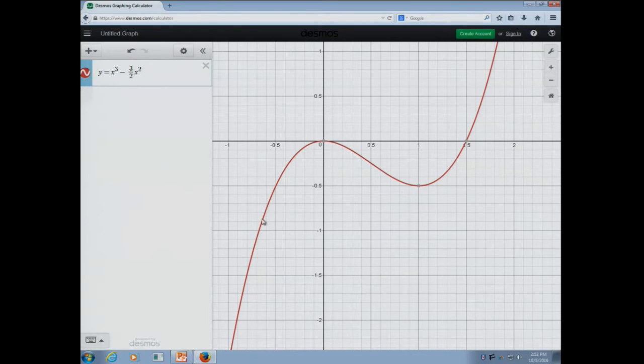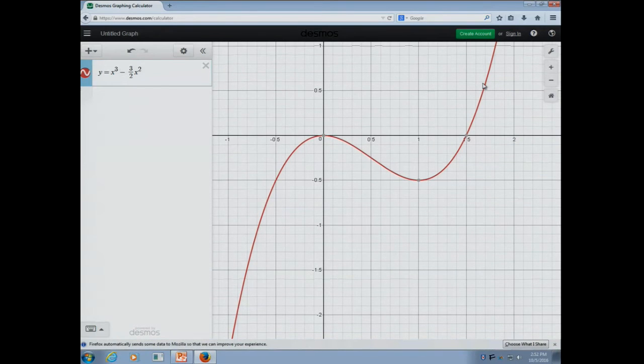In fact, you can see it's pretty steep here, okay? Also, as predicted, from x equals 0 all the way here to x equals 1, we have a region of the curve that's decreasing, and it's not very steep. And then finally, from x equals 1 all the way off to infinity, you definitely have a portion of the curve that's increasing.